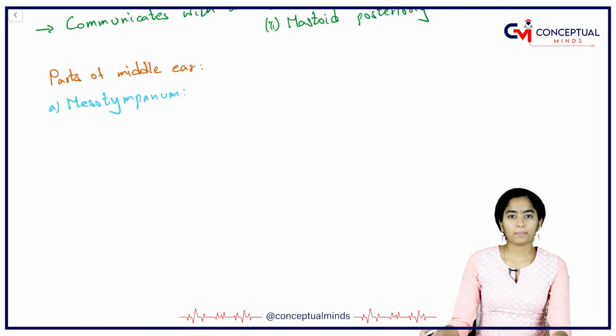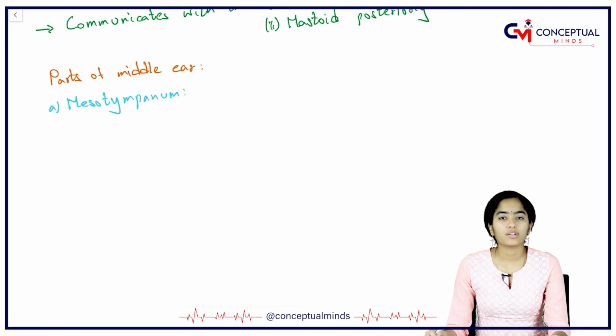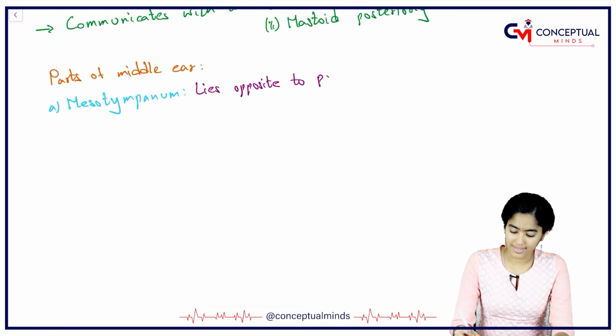So mesotympanum is that part of the middle ear which lies just opposite to the tympanic membrane. Which part of tympanic membrane? Pars tensa of tympanic membrane. It lies opposite to pars tensa.